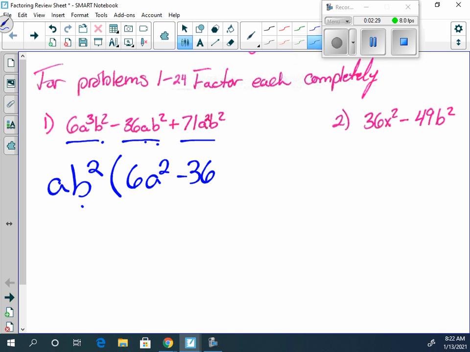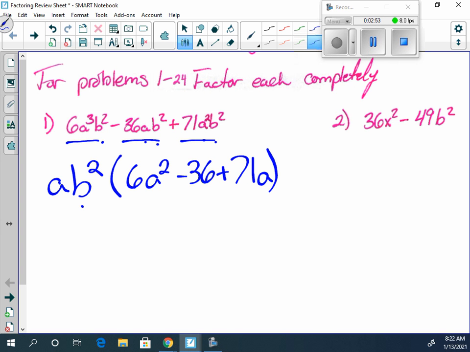And that brings us to the last one. We have plus 71, because again, we didn't do anything with the numbers. Now I have a squared, and I factor out a, so I'm left with a. B squared, and I factor out b squared, that factors out completely. So I'm left with ab squared times 6a squared minus 36 plus 71a.